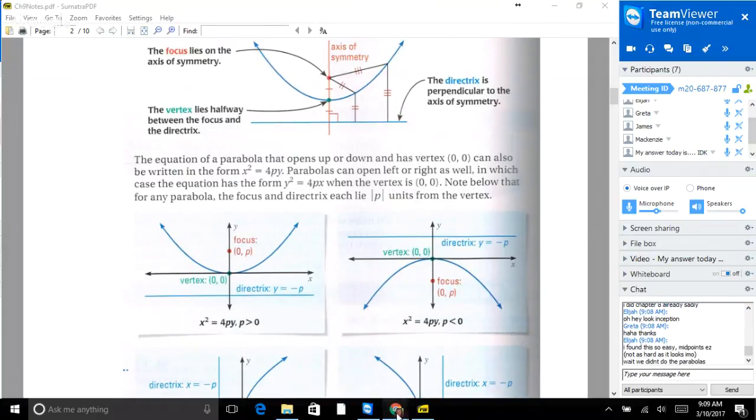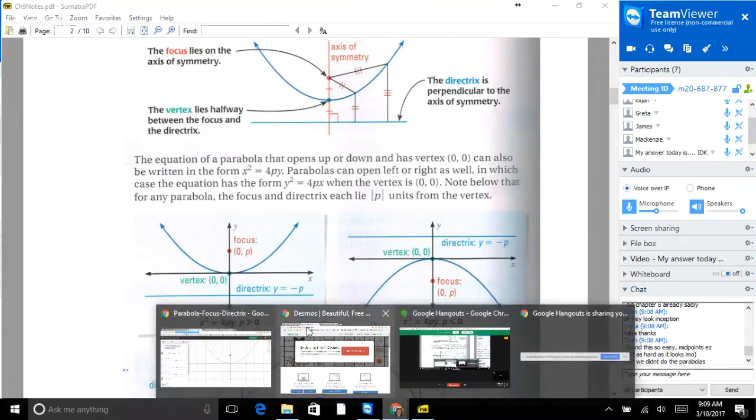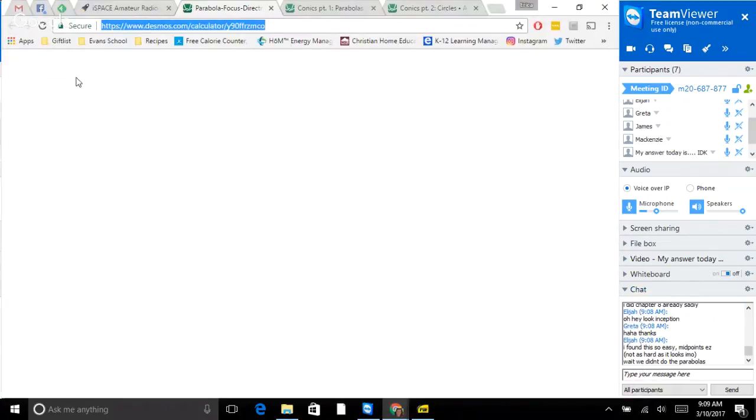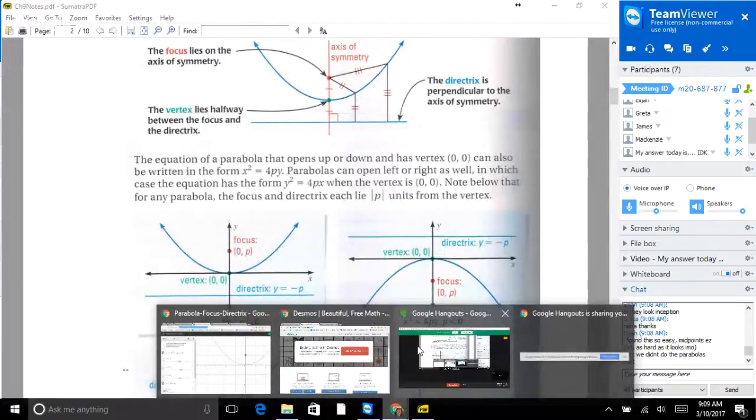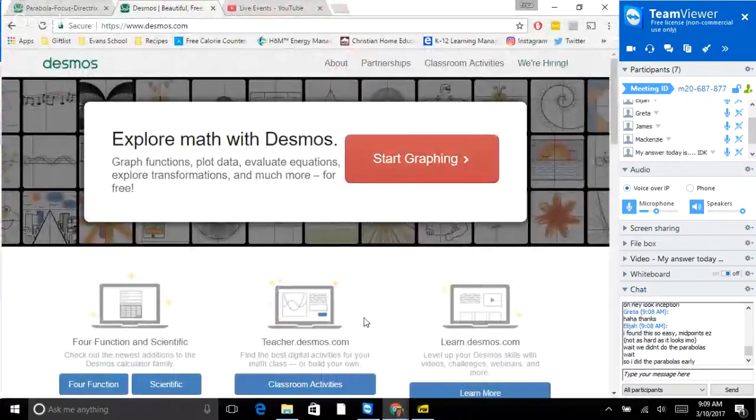Actually, Desmos is pretty cool, right? We all agree Desmos is cool.